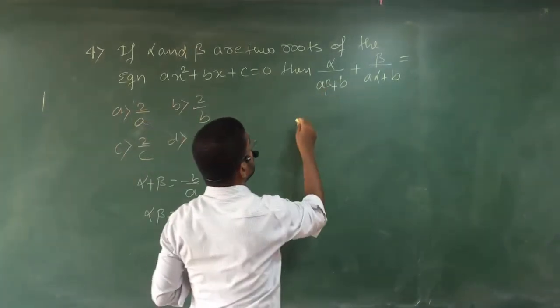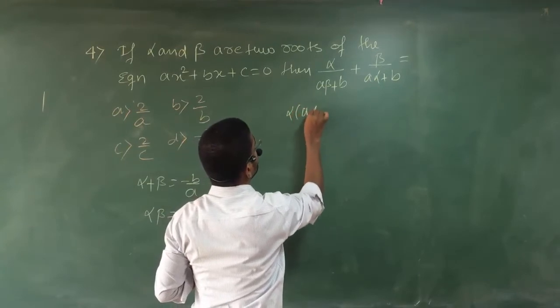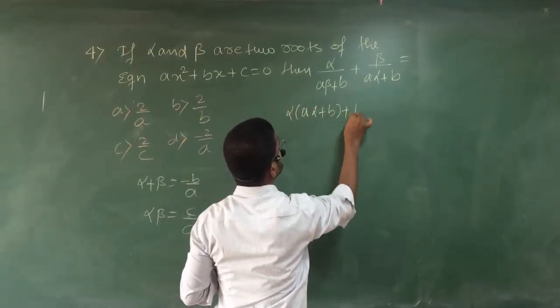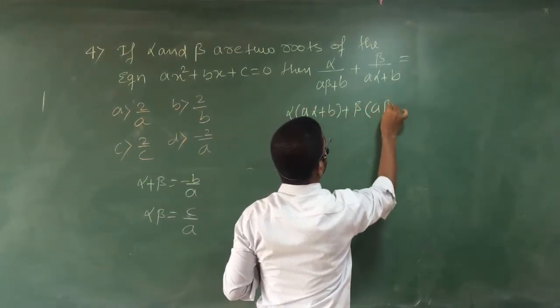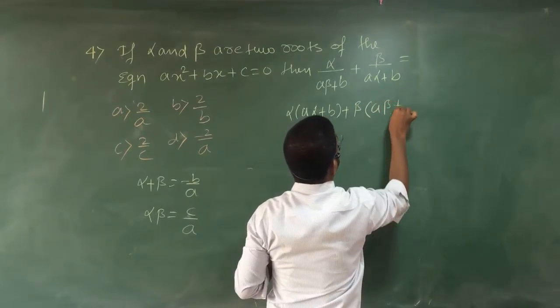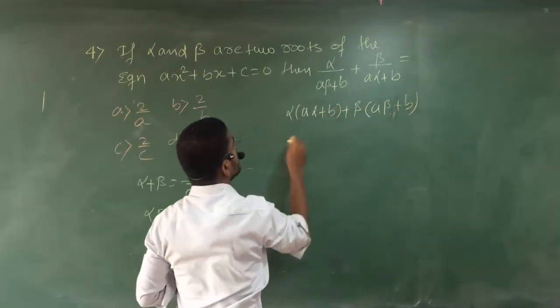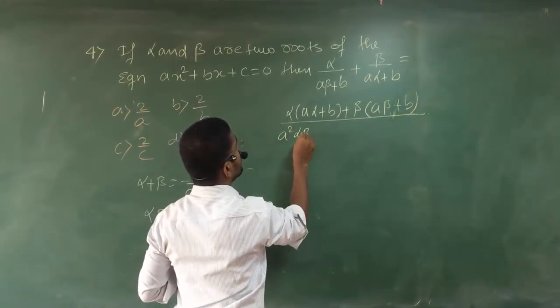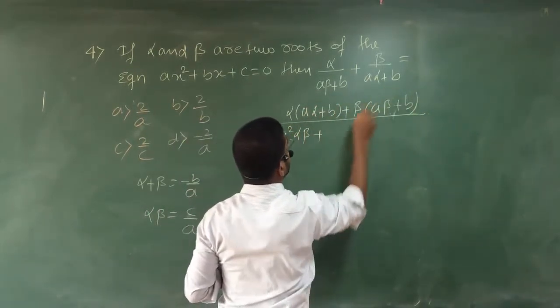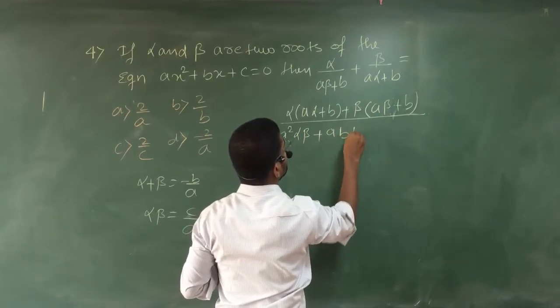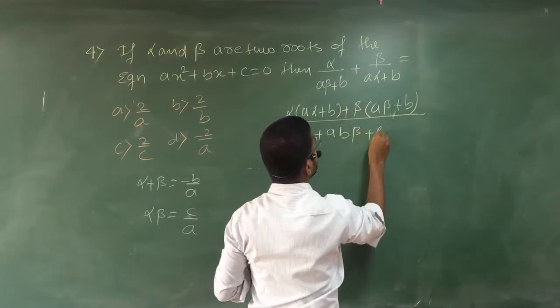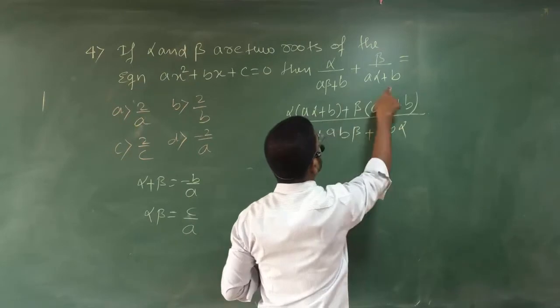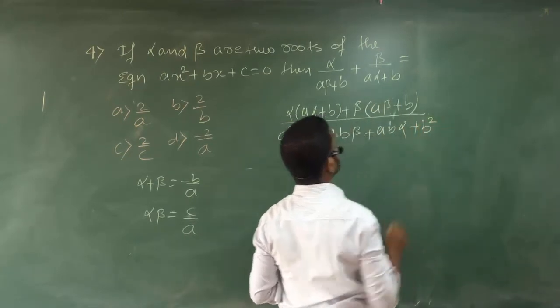So now let us simplify this equation. It will be what? Alpha into a alpha plus b plus beta into a beta plus b. So if I multiply these two, a square alpha beta plus ab beta plus ab alpha plus b square. Clear?